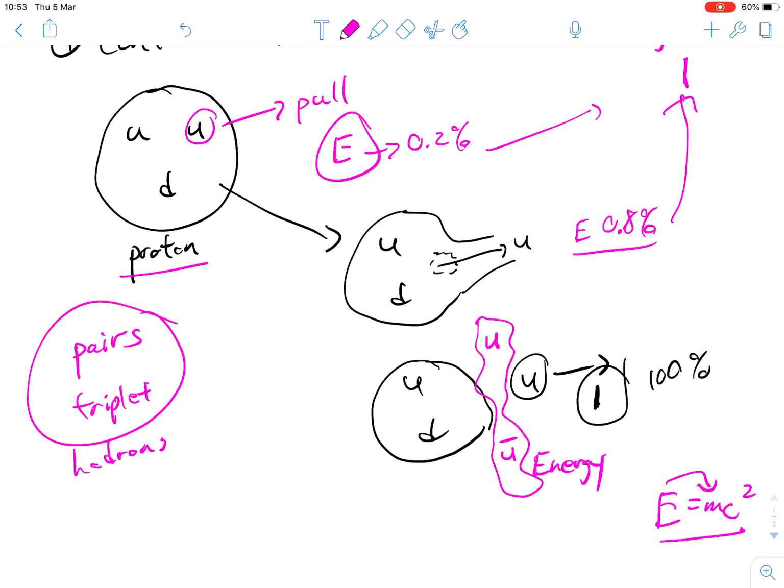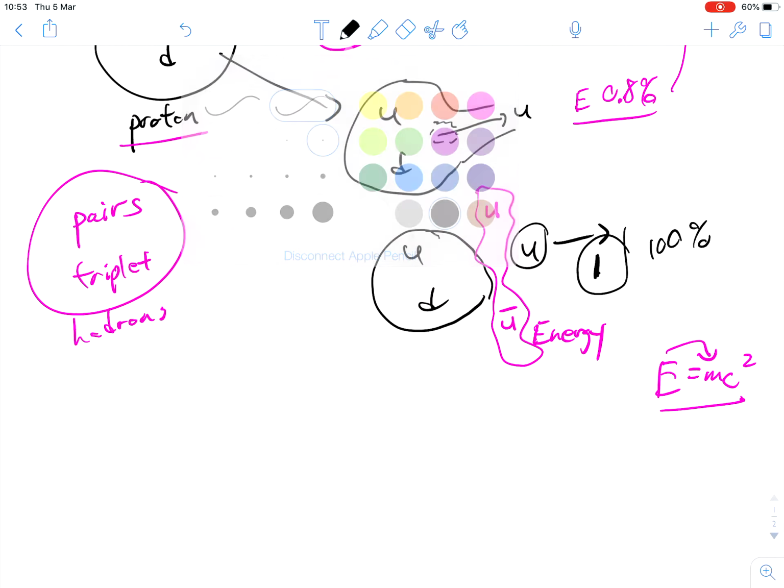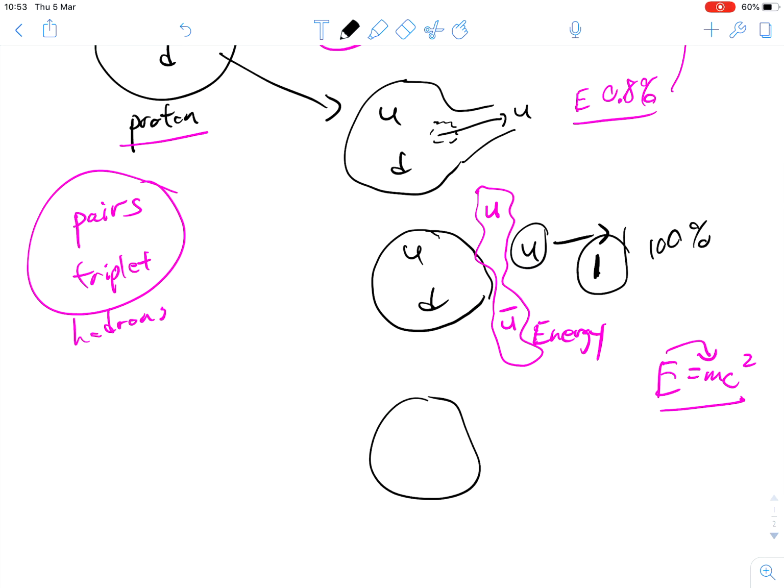Now what may happen is the up quark here will glue itself back to form the proton, and then we have an antiparticle forming with the up quark that you just separated.